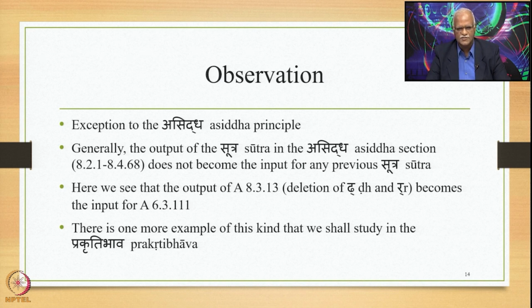And then we see that the output of 8-3-13, namely the deletion of dh and r, becoming the input for 6-3-111. And so there is this exceptional behavior as far as these sutras and the asiddha section are concerned. We also observed that there is one more example of this kind that we shall study in the Prakriti Bhava.